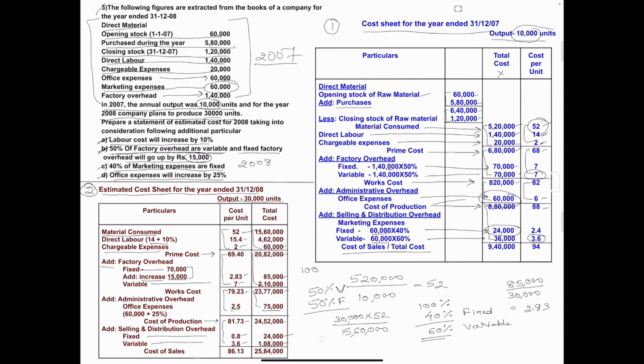Add these three: 81.73 plus 0.8 plus 3.6, total 86.13. Here 24,52,000 plus 24,000 plus 1,08,000, total is 25,84,000, and this is cost of sales.